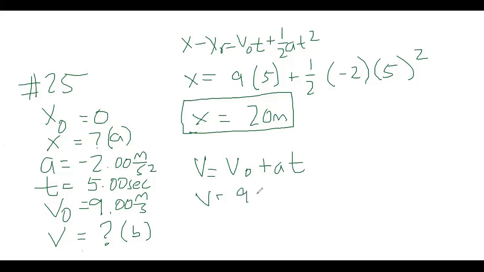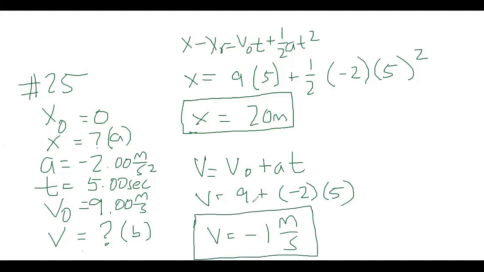So 9 plus -2 times 5. Our final velocity is -1 meter per second. And the question in part C says, does that answer make sense?